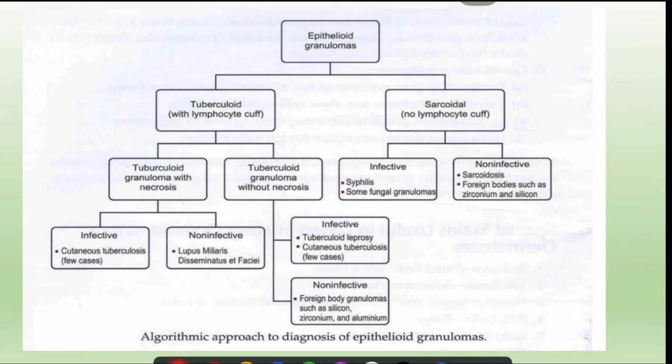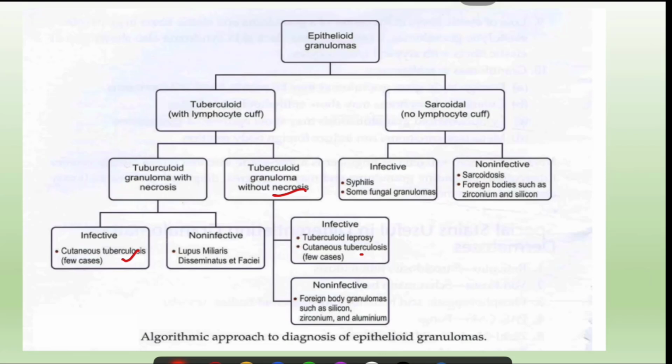So epithelioid granulomas, whether it is tubercular or sarcoidal, and whether it is having necrosis or without necrosis, right? If necrosis is present, the infective one is tuberculosis, and lupus miliaris, which is non-infective. Without necrosis, you can identify tuberculoid leprosy and cutaneous tuberculosis in few cases.